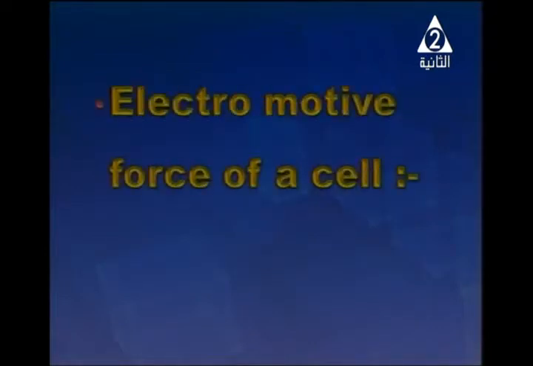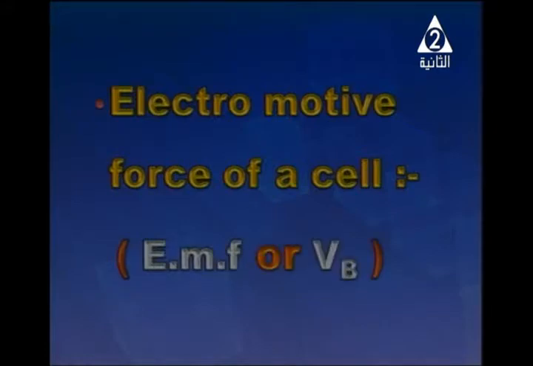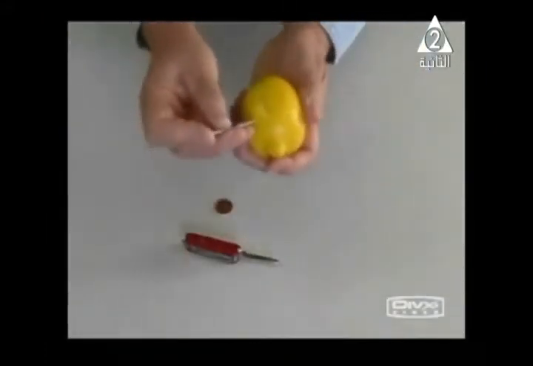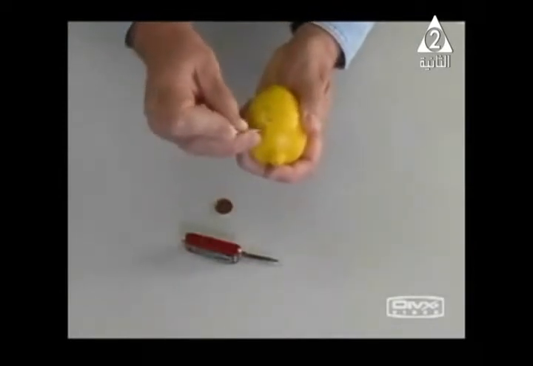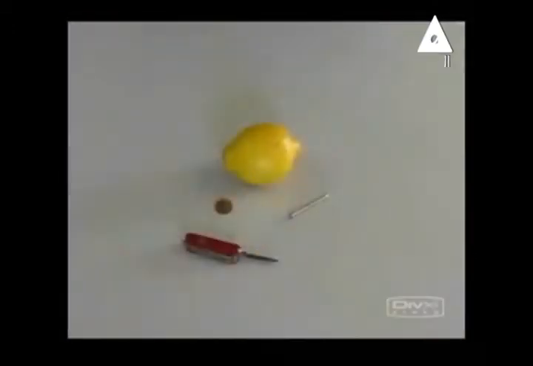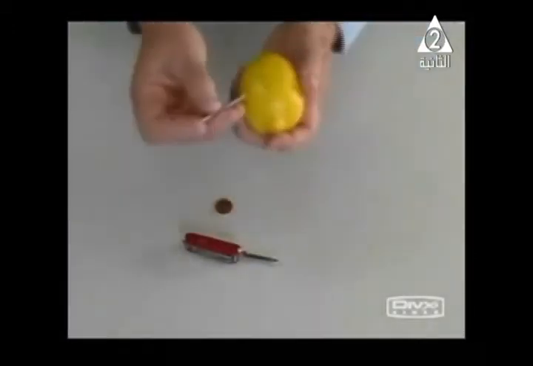And we've got something very similar to potential difference: the V battery, or electromotive force of a cell. What's meant by electromotive force of a cell? It is denoted by EMF or V battery. It is the work required to transfer 1 coulomb, unit charge, through the whole circuit.